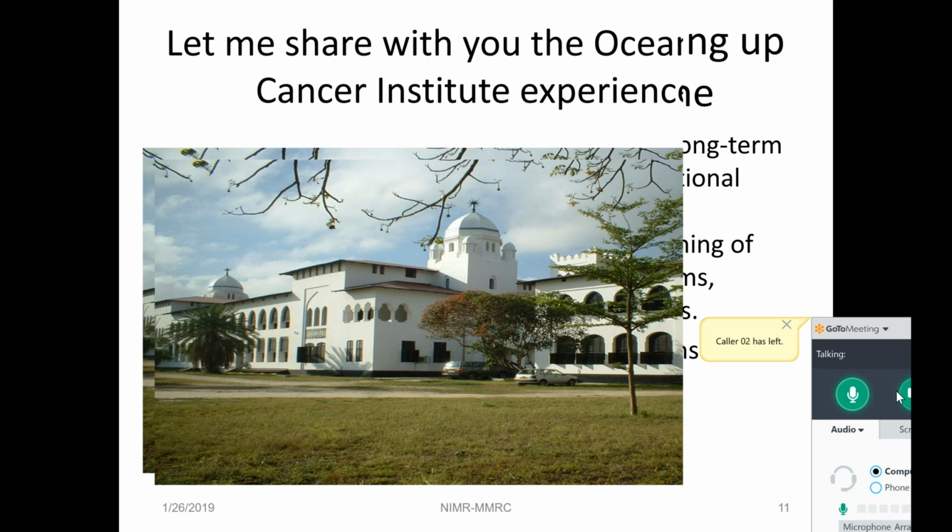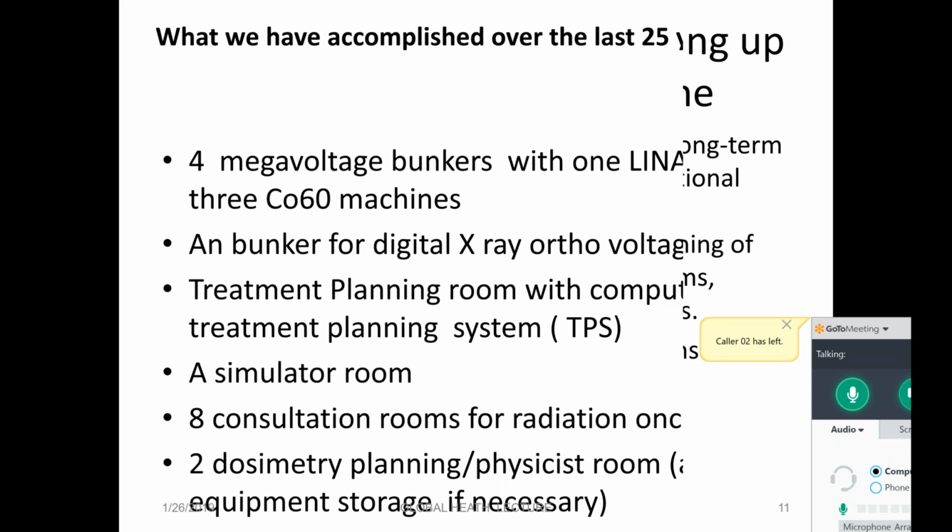But LINACs could have varying energies, and they could also have an electron option. So if you have a patient that requires electrons, you can treat this patient better with a LINAC than with a Cobalt 60. If you have a patient that would need higher energies than 4 MV, then because LINACs have varying energies, you can treat that patient better with a LINAC.